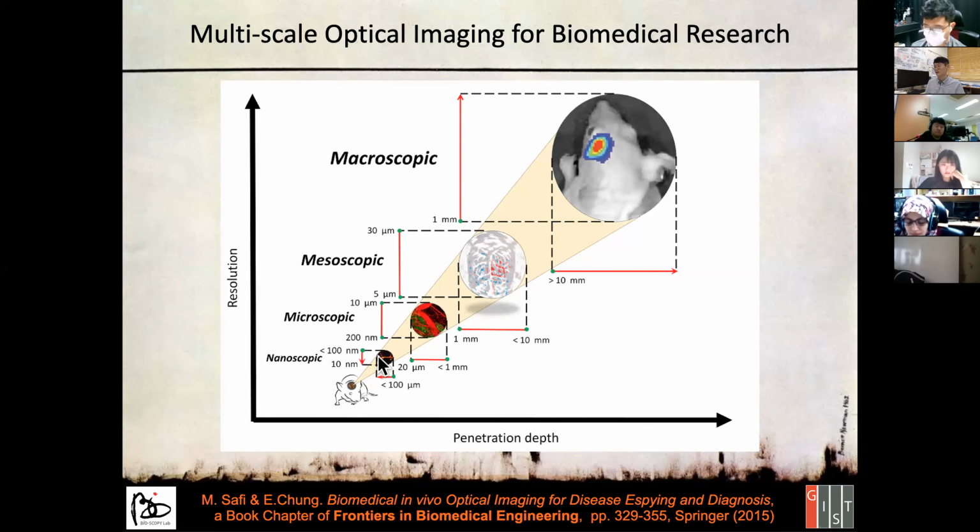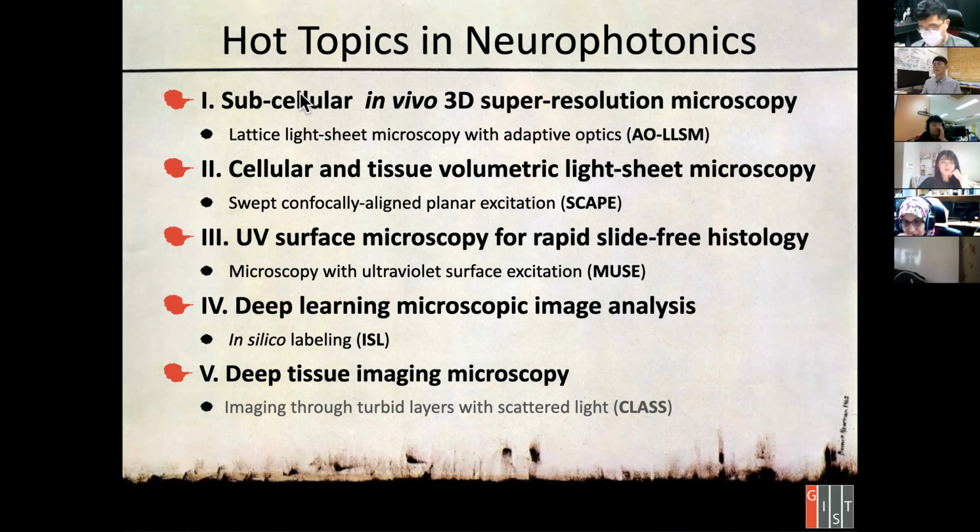All right, so I'm going to go through a number of hot topics. The first is subcellular in vivo 3D super resolution microscopy. Second is cell and tissue volumetric light sheet microscopy. You know, this wasn't available even 5 years ago. People didn't know much about it, okay? The third is of more clinical relevance: UV, or ultraviolet, surface microscopy for rapid slide-free histology.